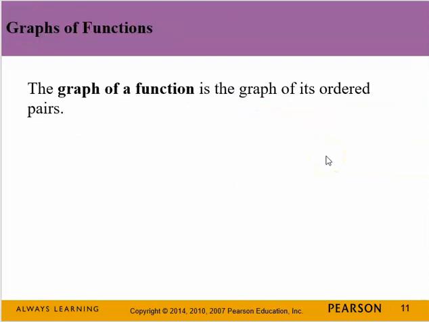Now, the graph of a function is the graph of its ordered pairs. And normally you would set up a t-chart, as we did in a previous lesson, get various values and then plot them, and then carefully connect the points to develop the graph.